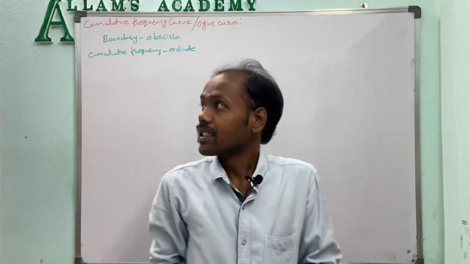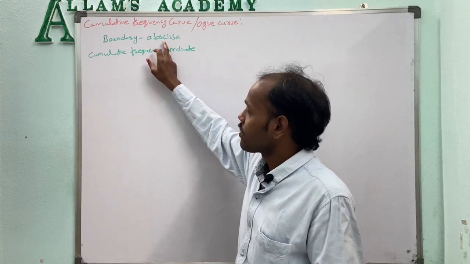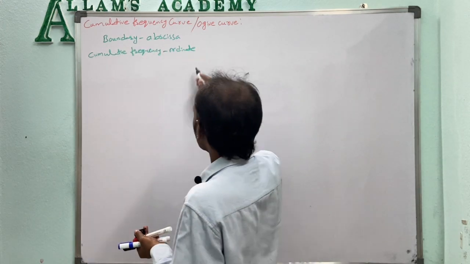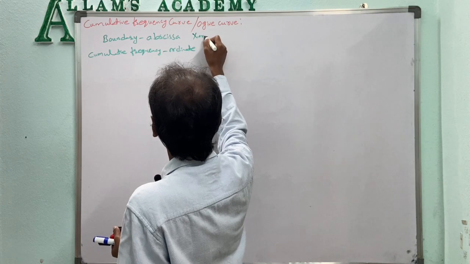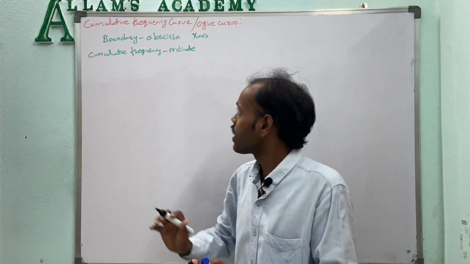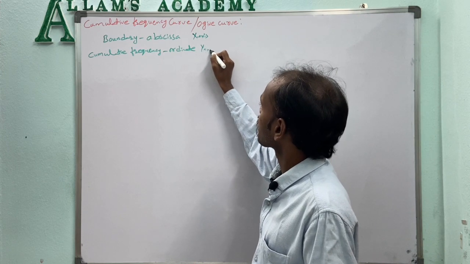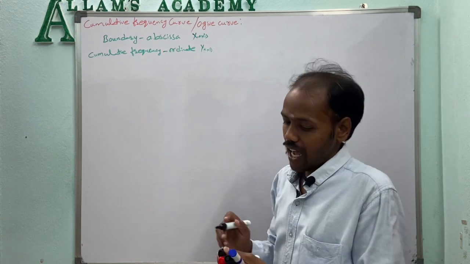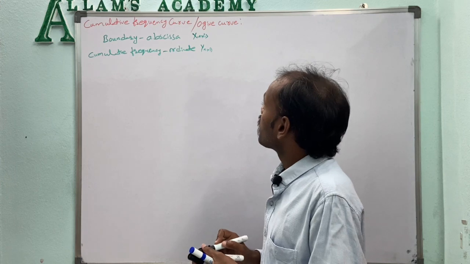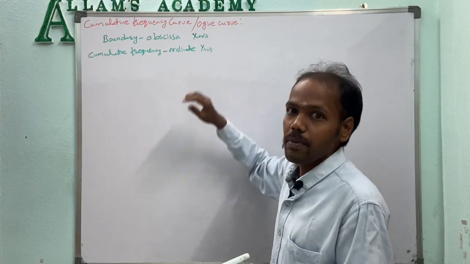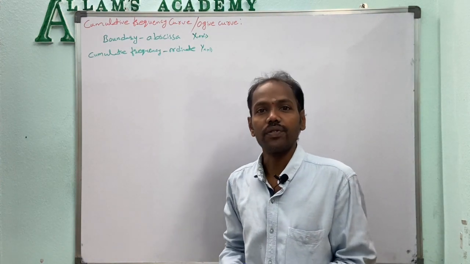So the boundaries are taken on the x-axis and their corresponding cumulative frequencies on the y-axis, and when all the cumulative frequencies are joined, we get a curve.